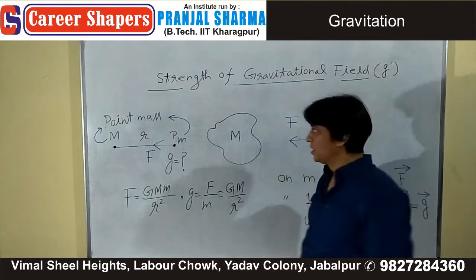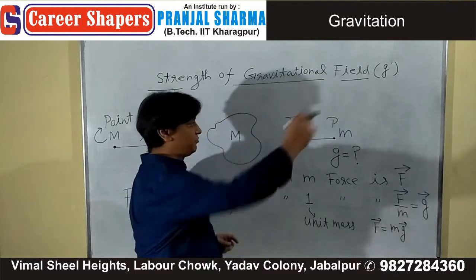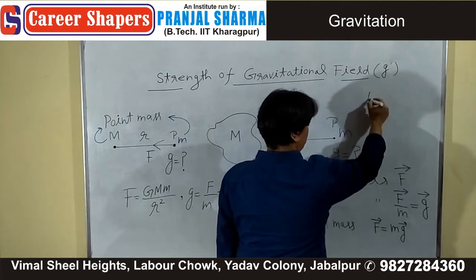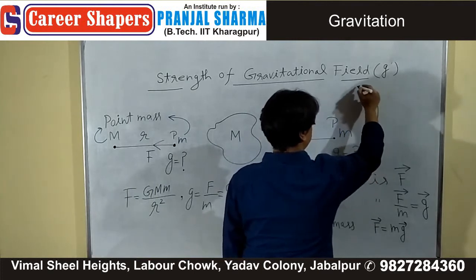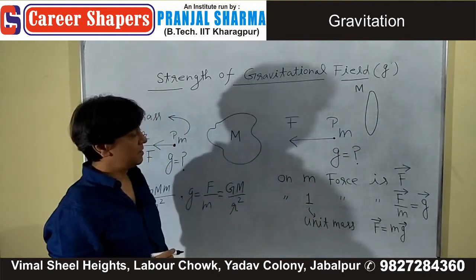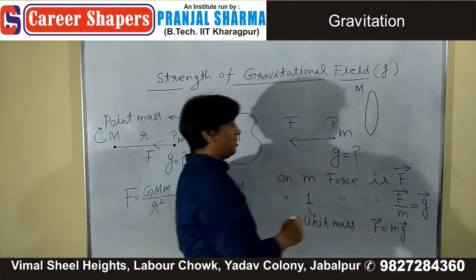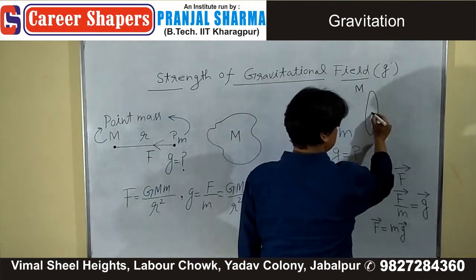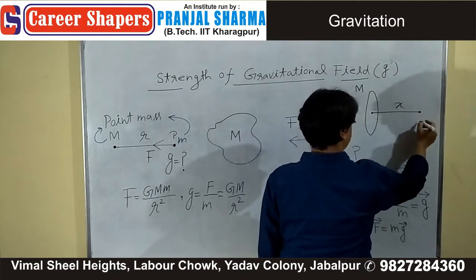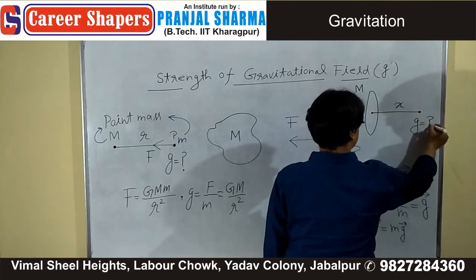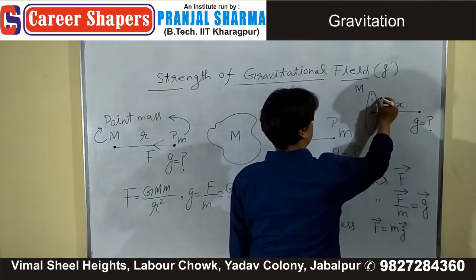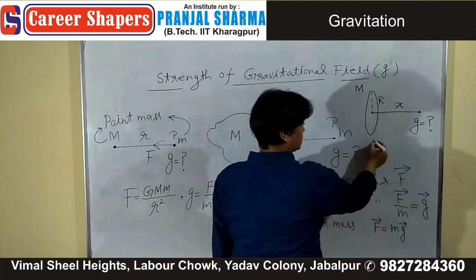Find out gravitational field of a ring of mass M on its axis at a distance of x from it. This is your ring mass.